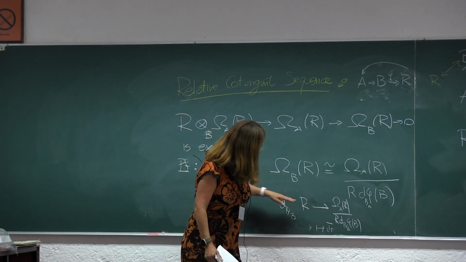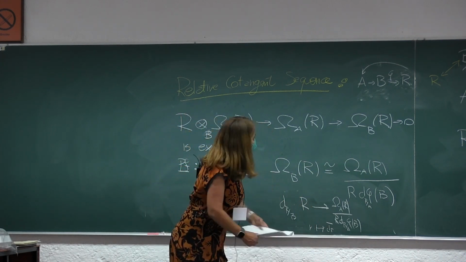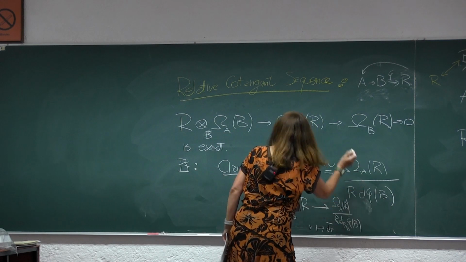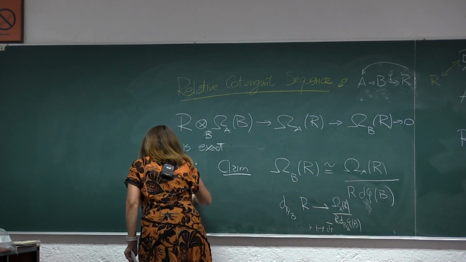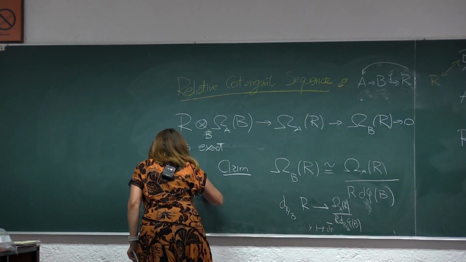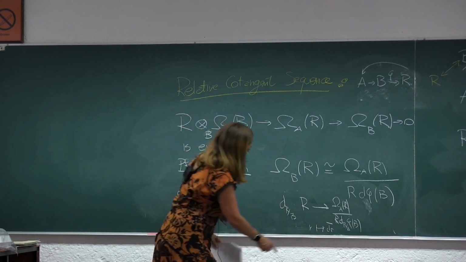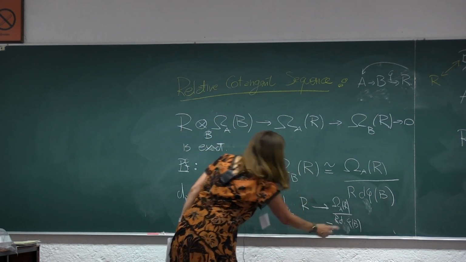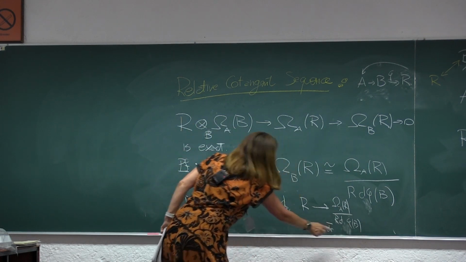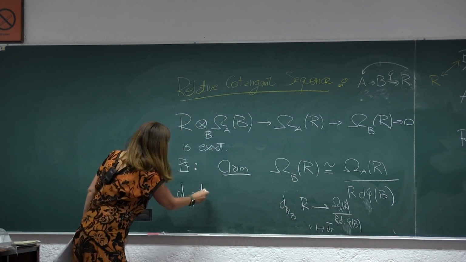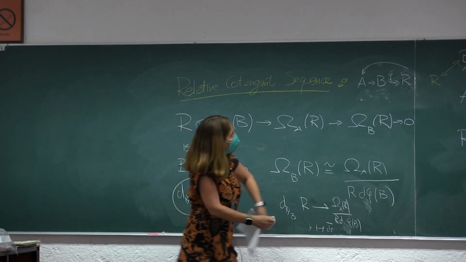Remember, d would be the derivation, let's call it D, the derivation d_{R/A}. So D is the derivation d_{R/A}, and phi is this map.